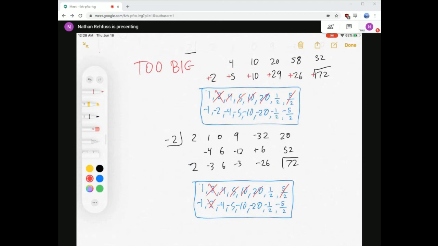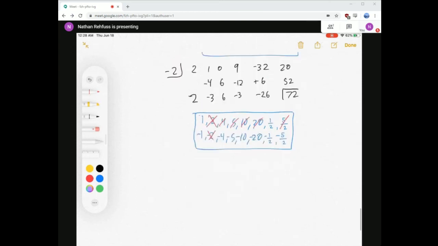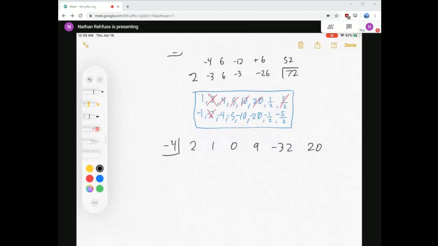Okay. So now the -2 goes. Now we've got a slightly better board. Let me try a bigger negative number. Let's see if I can land in the left end behavior and show you what that looks like. I'm going to try -4. 2, 1, 0, 9, minus 32, 20. 2 comes down, multiply, -8, add, -7, multiply, 28.